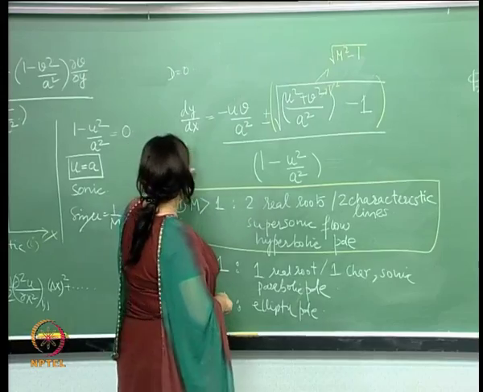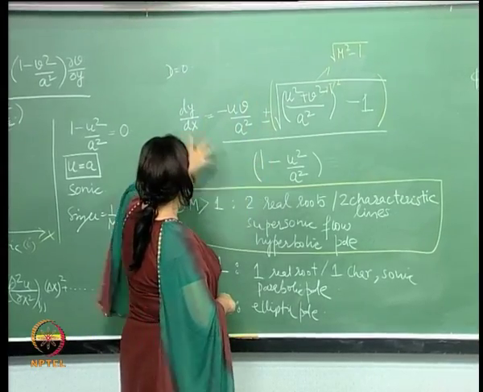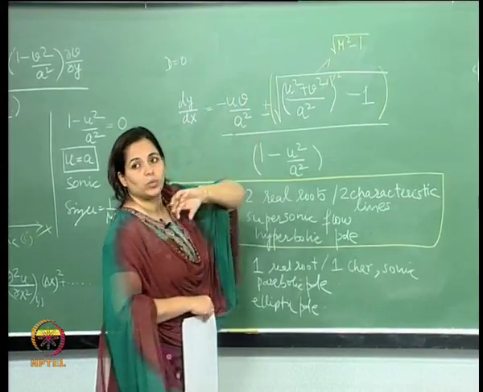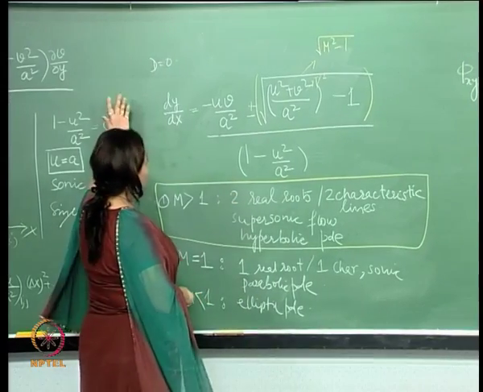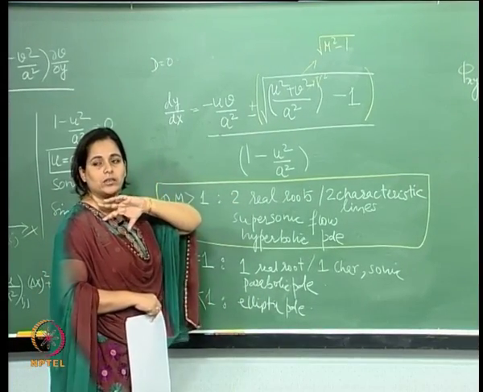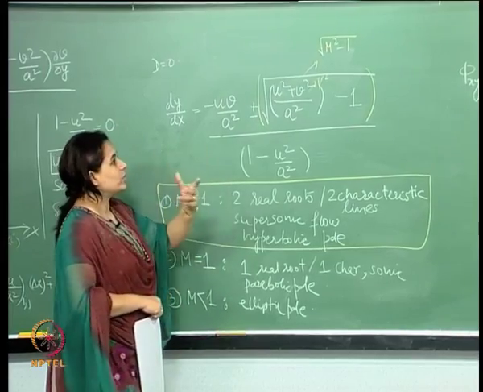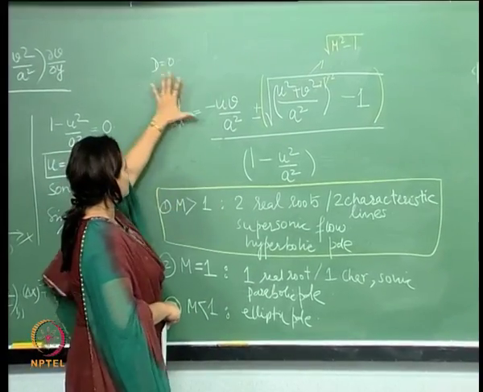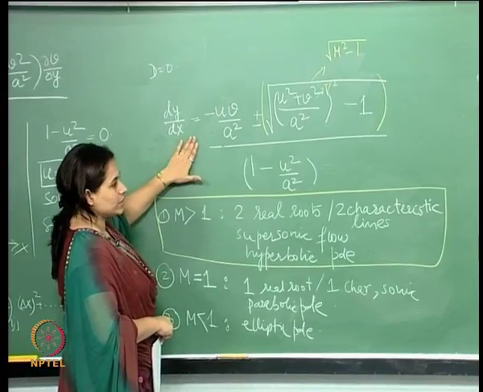These characteristics give the orientation, that is, how these lines are going to be oriented in the flow area. That will be given by this.